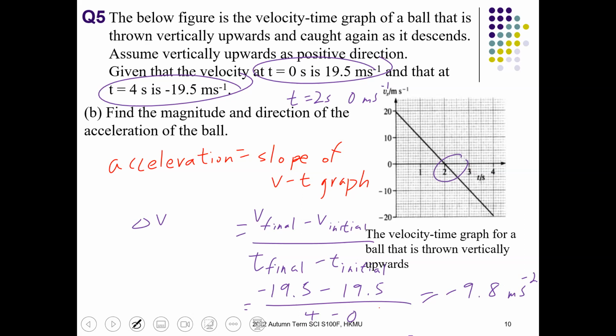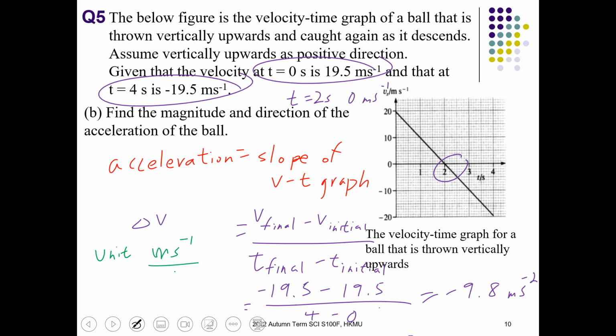When it comes to the slope, in the numerator, we have the change of the velocity. The velocity is with units of meter per second. So we have meter per second in the numerator over the change of the time.